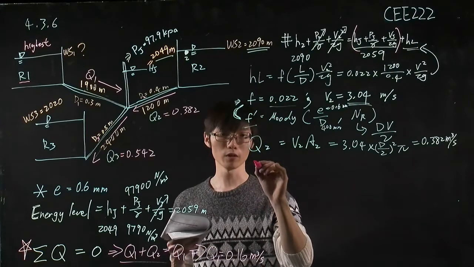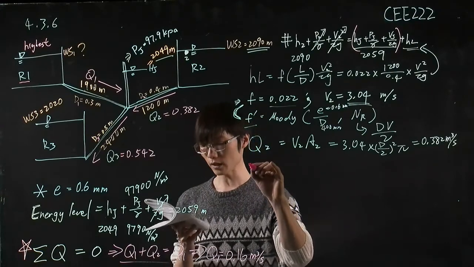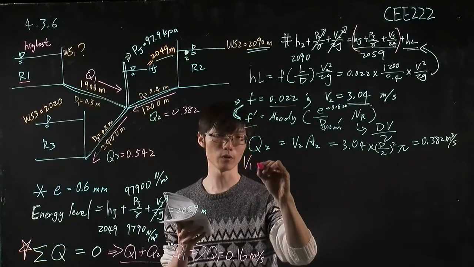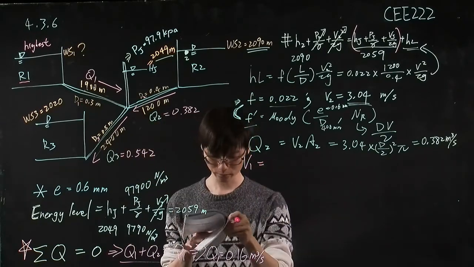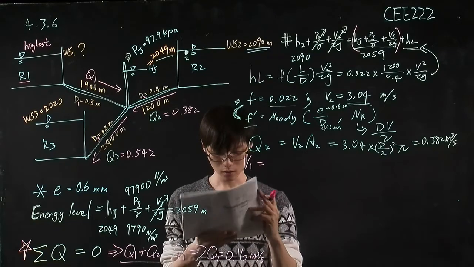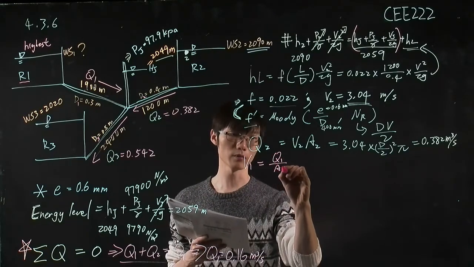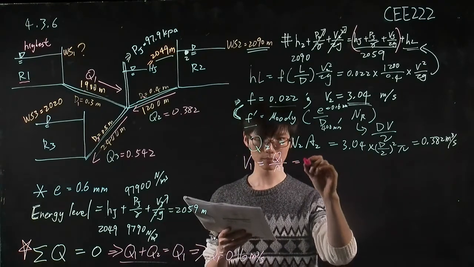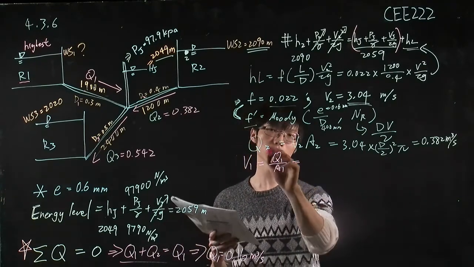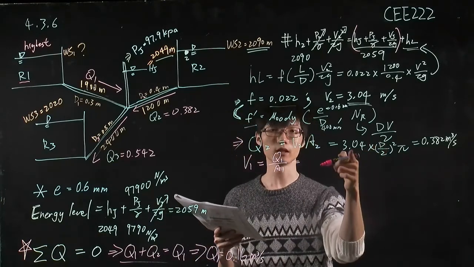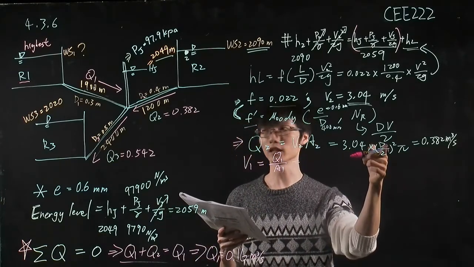Okay, so we know Q1, and then we know D1, so we can calculate V1, which is Q1 divided by A1. I skip the step. It's basically the same equation as this here, but with a different diameter value.